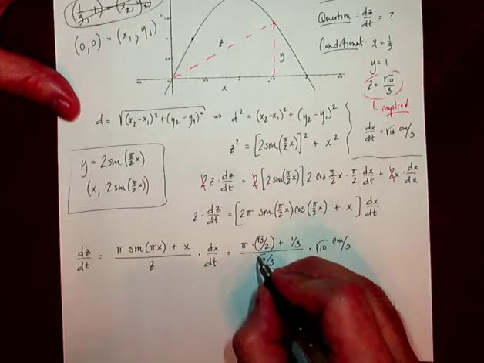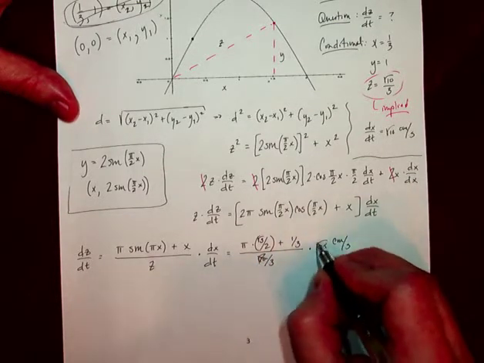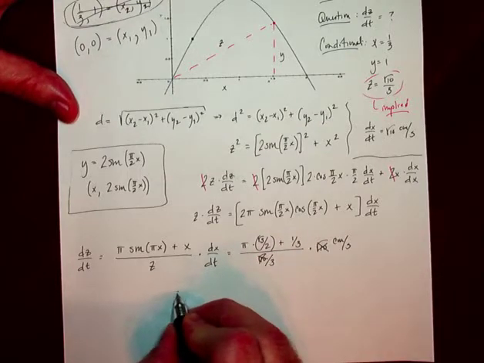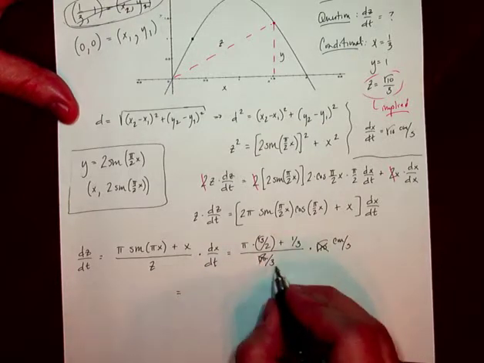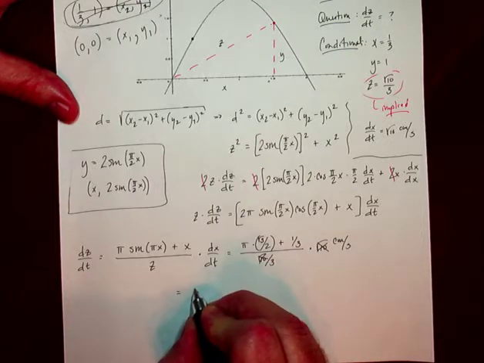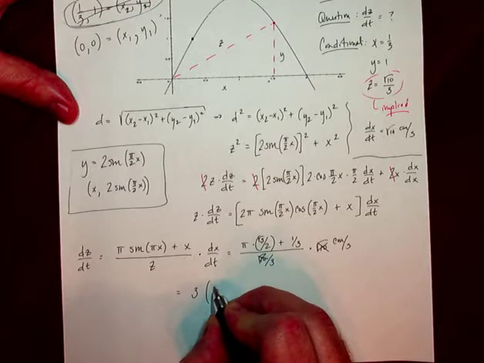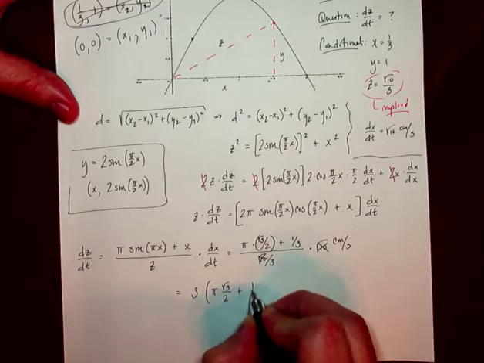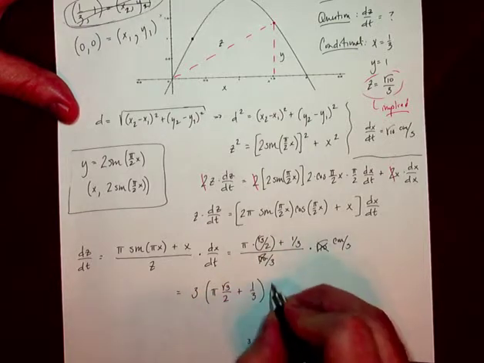Now, this root 10 cancels with this root 10, and dividing by that 1/3 is the same thing as multiplying by 3. So we basically are 3 times pi times root 3 over 2 plus 1/3 centimeters squared.